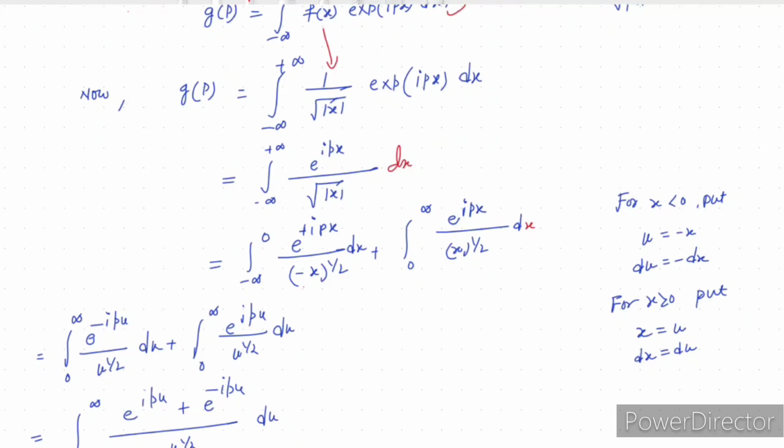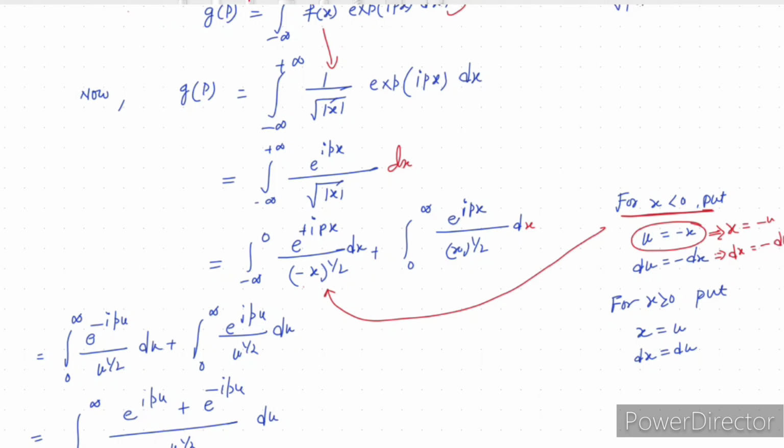Now for x less than 0, the first part, we put x equals minus u, so dx equals minus du.